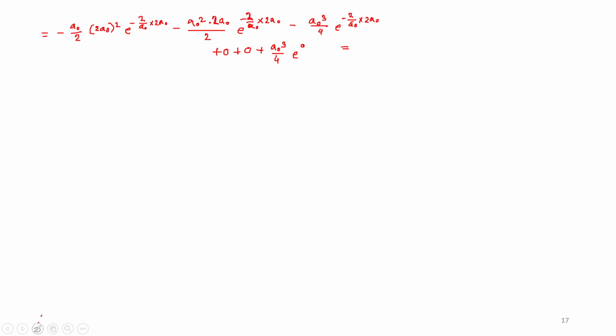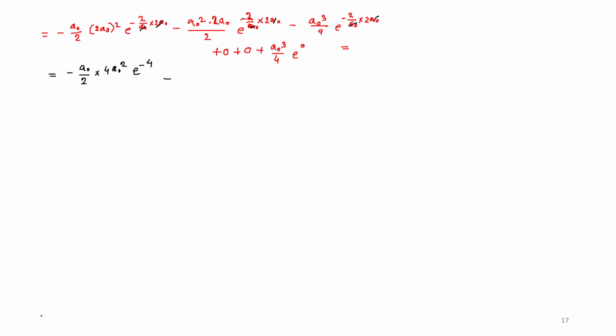So we need to cut a few things, right? Okay. A naught is cutting from all the places. Okay. What about here? Here we have minus A naught by 2 into 4 A naught square and e to the power minus 4.